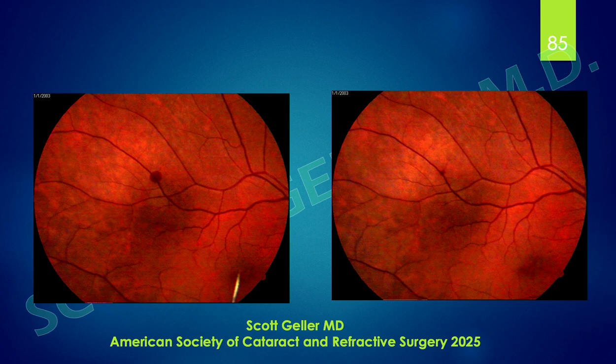And I'll show you a video of this a little later. It will cause a red spot in the retina. And you can see from these two slides here, the hemorrhage spot gradually dissipated. In this particular case, the patient never noticed anything.